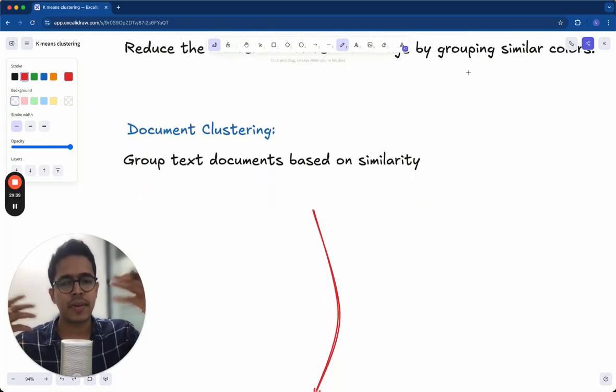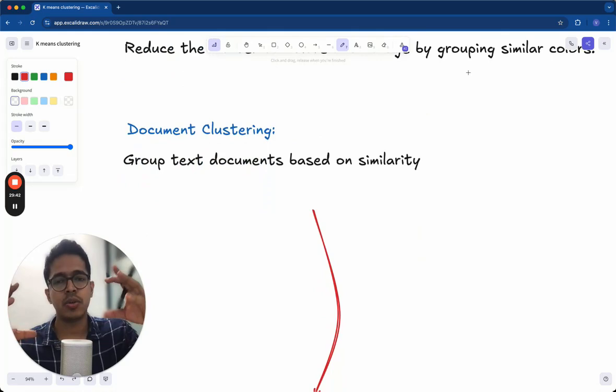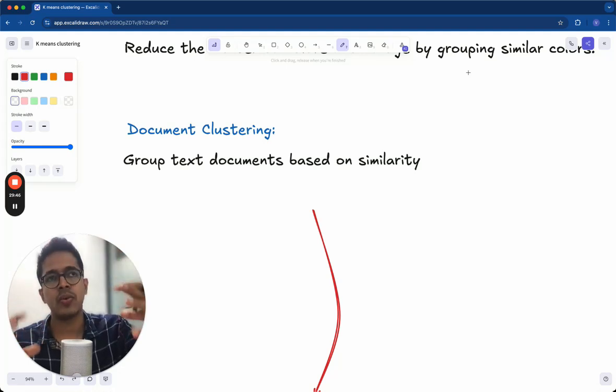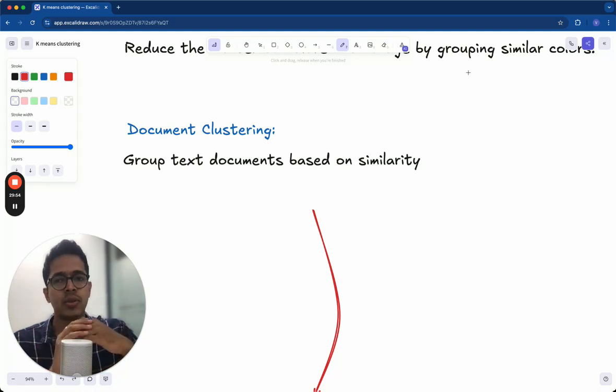If you want to classify documents, group documents into individual sets. So all these documents belong to articles related to AI. All these documents belong to articles related to just pure machine learning. Maybe you have to do that. So even at Vizuara, we run a newsletter.